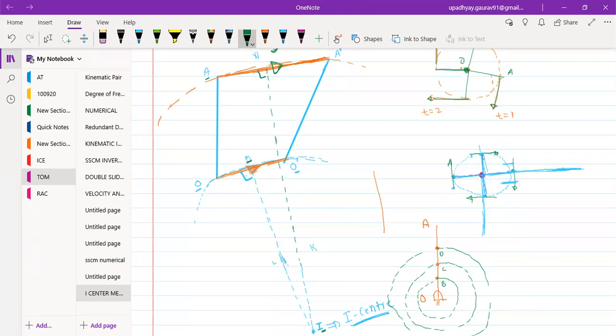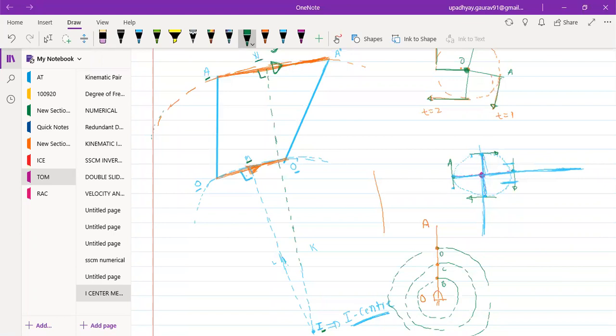If I am talking about point A, you will say that sir, the point A is having the radius IN, and it is moving in the circular path which is having the radius equal to IN. Yes or not?